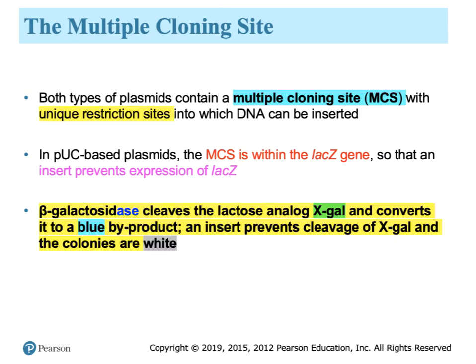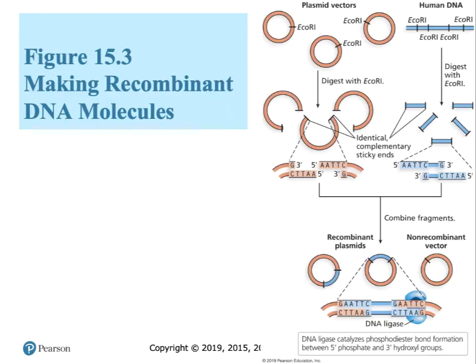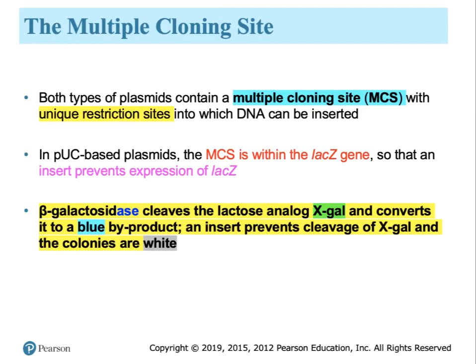So when you do cut the plasmid, it will only cut it once, as in this figure here, and it won't cut it into multiple fragments. The other thing is, in the pUC-based plasmids, the multiple cloning site is within the lacZ gene, another gene from another bacterial operon. The system works as follows.